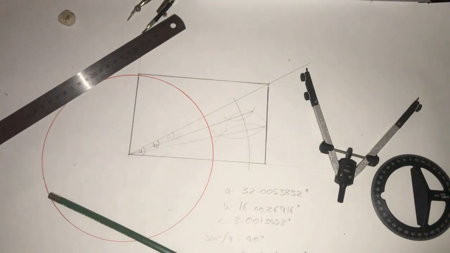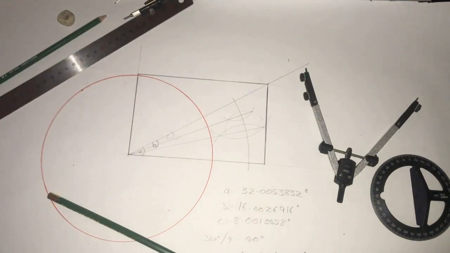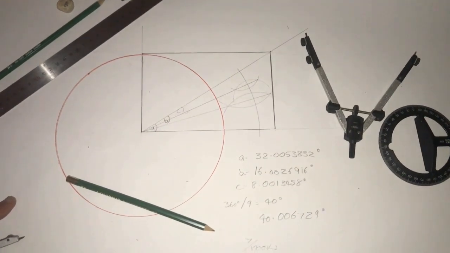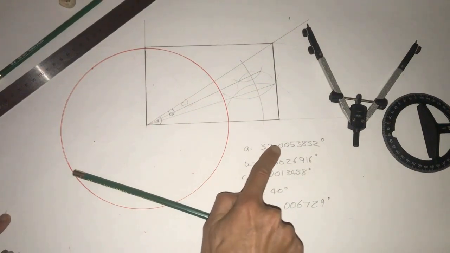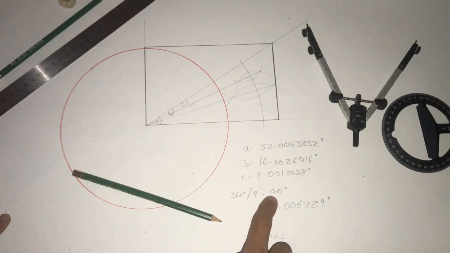7/1000ths of a degree is way beyond what a non-superhuman could achieve at this level. So if I add 32.055 plus 8.001 degrees, I want to get 40 degrees to be a perfect nonagon.